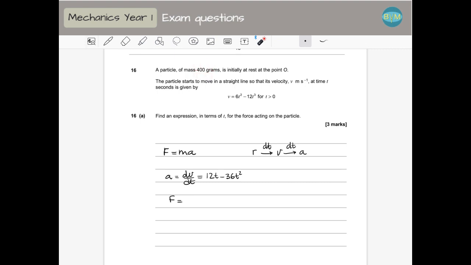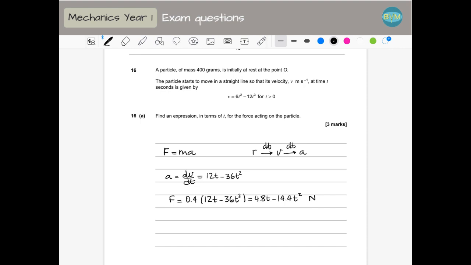Remember, it has to be in kilograms, so 0.4 times the acceleration expression, 12t minus 36t squared. We can multiply this out to get the proper expression, or we can leave it with the bracket, but I'm going to write both, in newtons. So our force is in terms of the time.